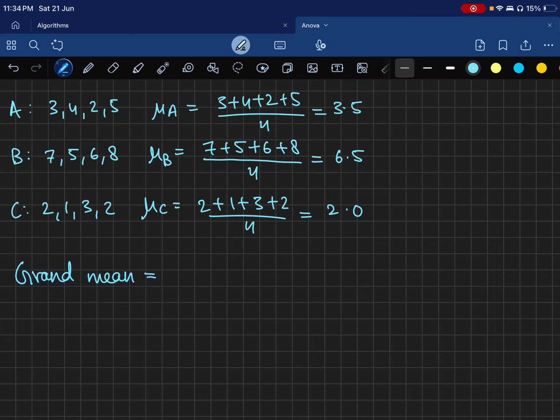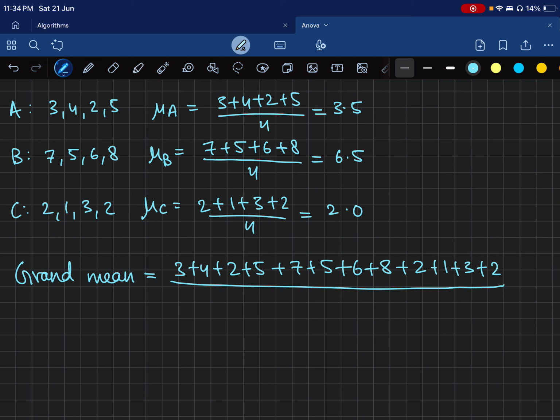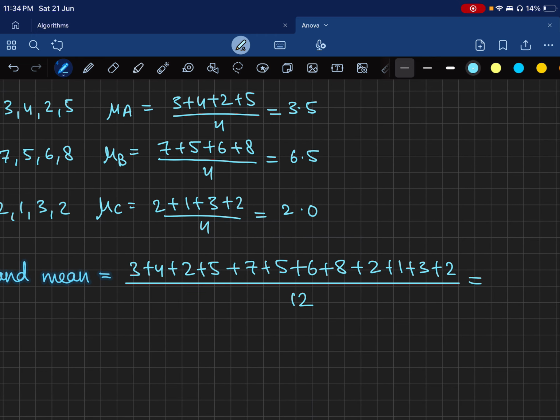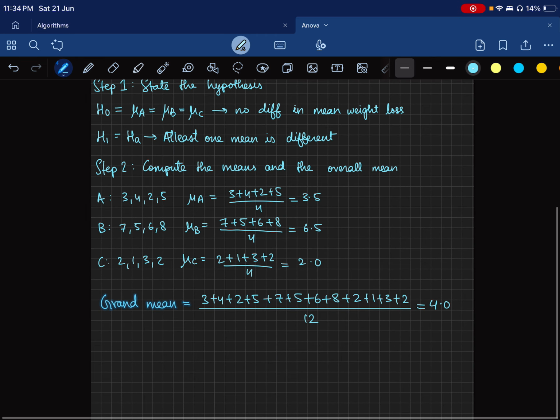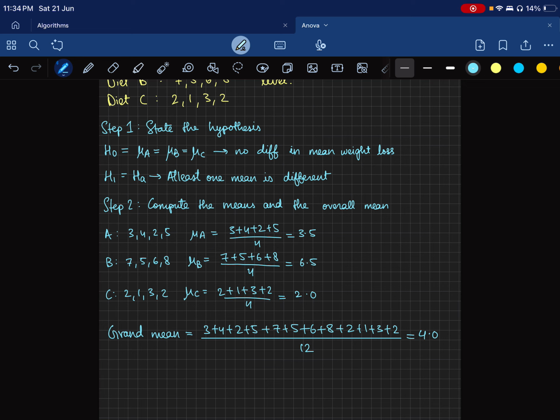The grand mean is 3 plus 4 plus 2 plus 5 plus 7 plus 5 plus 6 plus 8 plus 2 plus 1 plus 3 plus 2 whole divided by the total number of terms, which is 12. The grand mean you will get here is 4.0. This is your entire step 2. Remember very carefully, it's very important to know how to find individual means and how to find the grand mean.